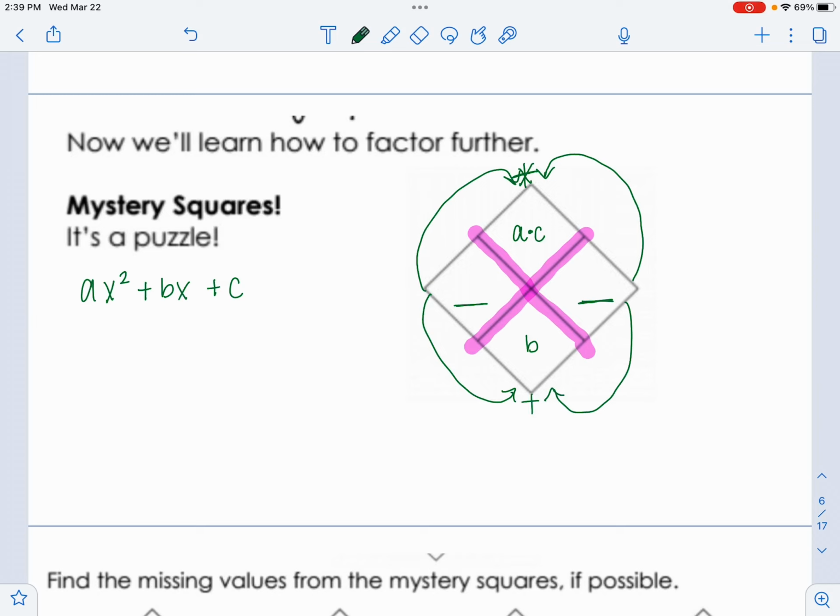Let's say that again: we find numbers that multiply to a times c, but at the same time add to b.